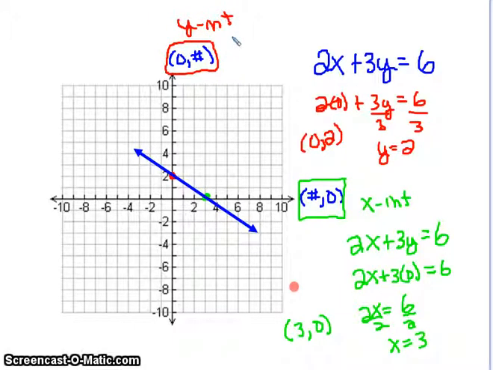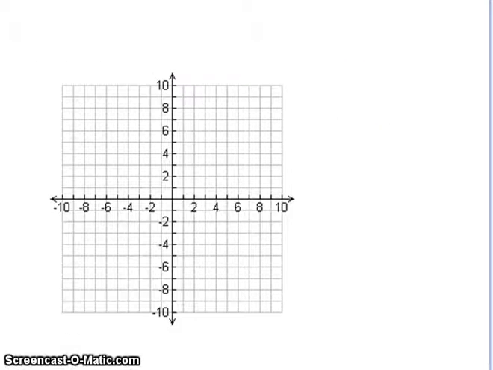Now I have one more quick thing that I'd like to go over, which is not anything big. In fact, I'm just going to use one of the problems that is on your paper. It gives you 2 points, 0, -3, and 2, 1.